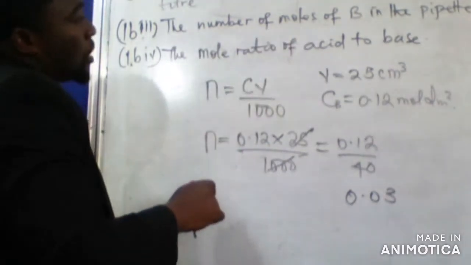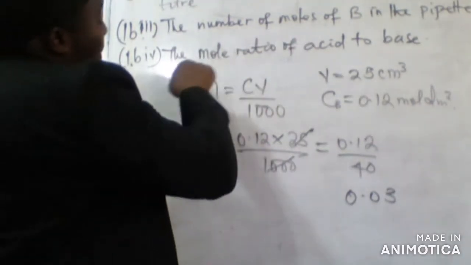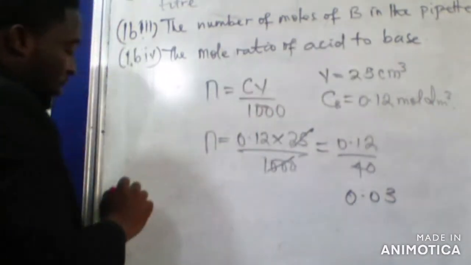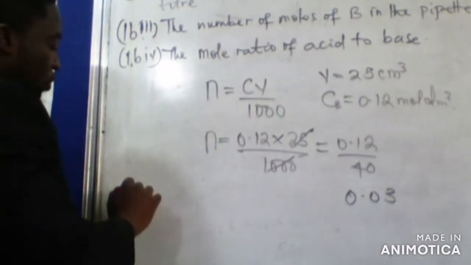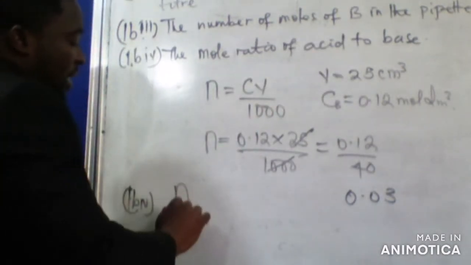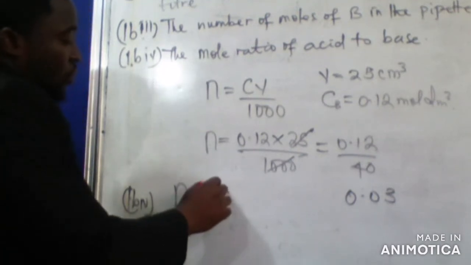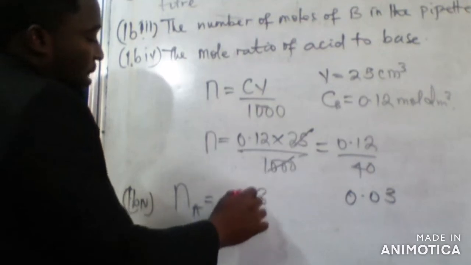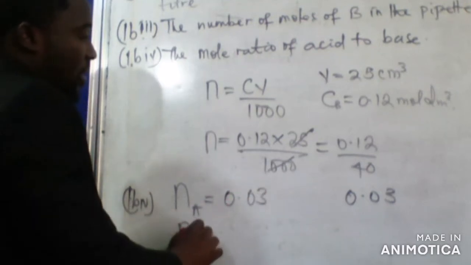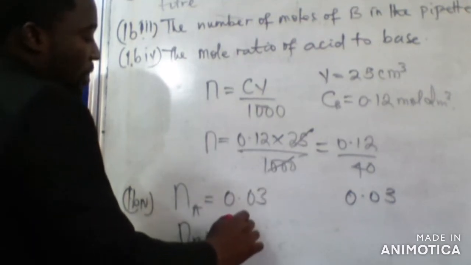The next question says we should find the mole ratio of acid to base. Don't forget the first answer we got, where we calculated the number of moles of acid used, which was 0.003, and now the number of moles of base we are getting is 0.003.